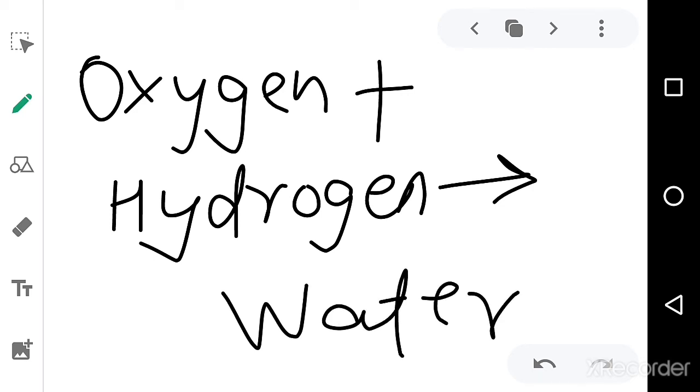So again, the left hand side represents the reactants and the right hand side represents the product. I cannot write this in one line, but just assume that oxygen and hydrogen are in one line with water. So this was step 1, to write the chemical reaction in words.